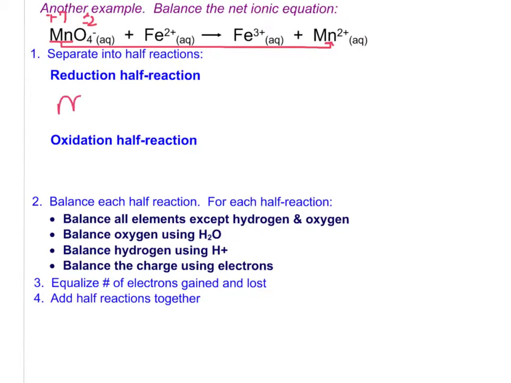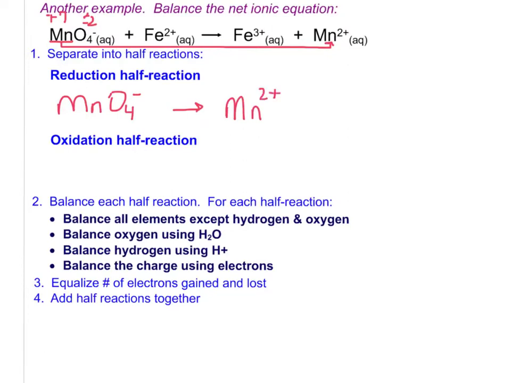So let's write that down for our reduction half reaction. MnO4 minus. I'm not going to write the aqueous in there just for room. All of these are dissolved in water. We have that, and the half reaction is going to manganese +2.